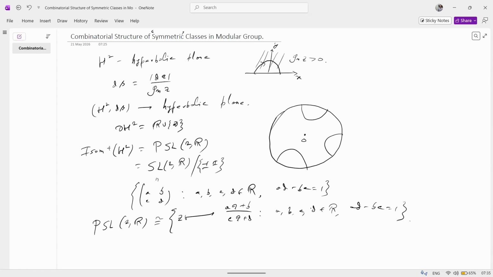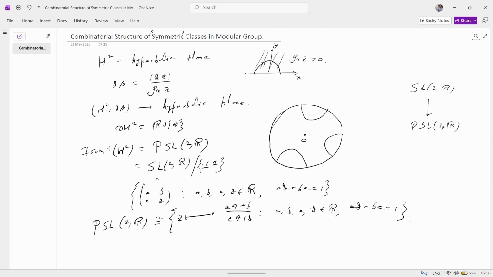All right. So the group SL2R acts on the hyperbolic plane by Mobius transformations with real coefficients, represented by a matrix in SL2R. So this also gives you a double covering from SL2R to PSL2R.